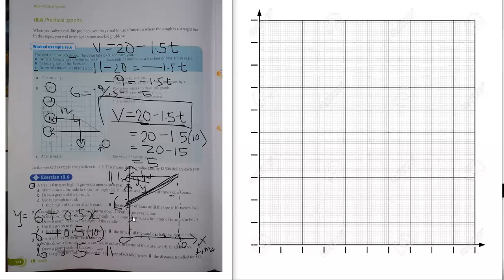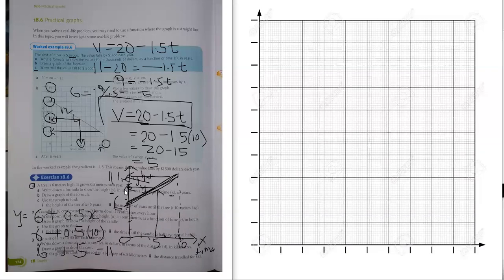So after that, the question asks you to use your graph to find the height of the tree after 5 years. If your drawing and scale are correct, you just have to get the value of 5 here, because the question is asking for the height of the tree after 5 years. So you read from here, the time is 5, then touch the line, then read the value from the Y. I don't know how much it is because my graph is not accurate.